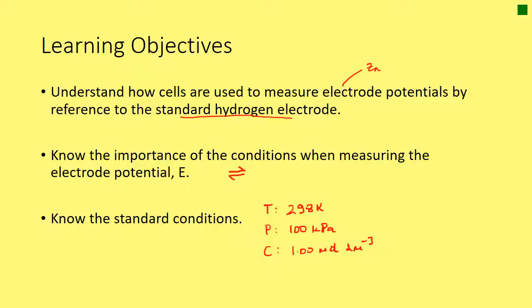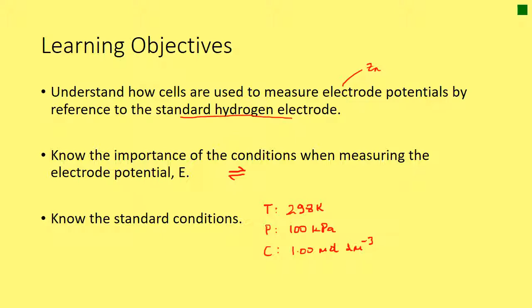And before that, we mentioned the importance of the conditions when measuring the electrode potential, because we've got equilibrium reactions, and whenever we've got equilibrium reactions, Le Chatelier's principle holds, which says that the equilibrium position is affected by things like temperature, pressure, and concentration.